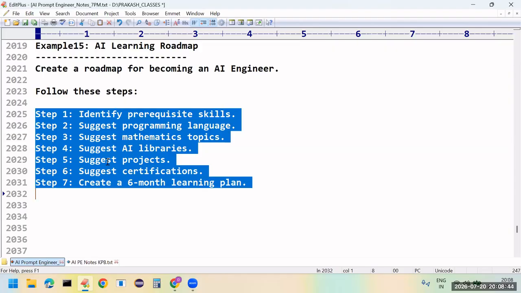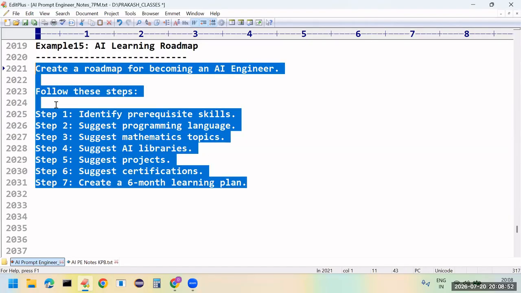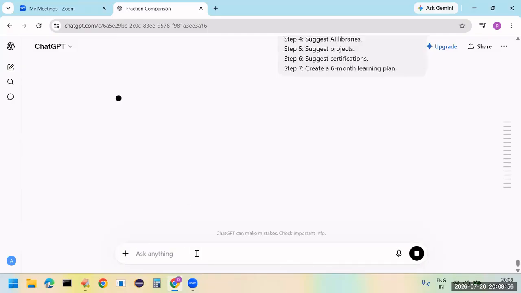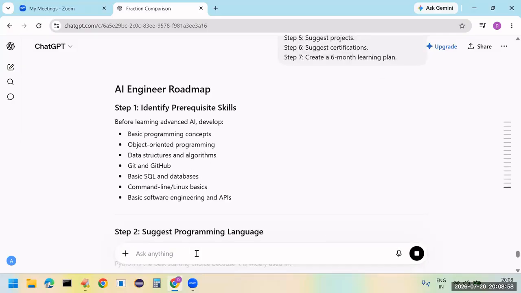Sir, I want to become an AI engineer. Can you please give me complete details? Have you observed how my AI model is going to give the idea if I run this prompt?